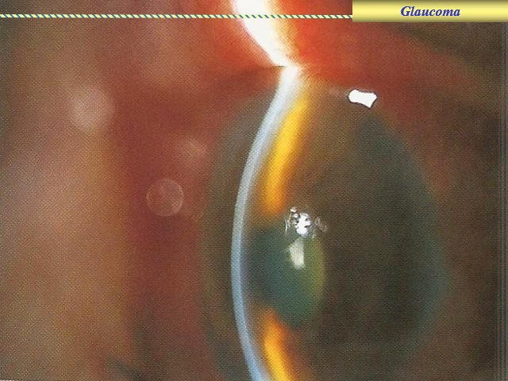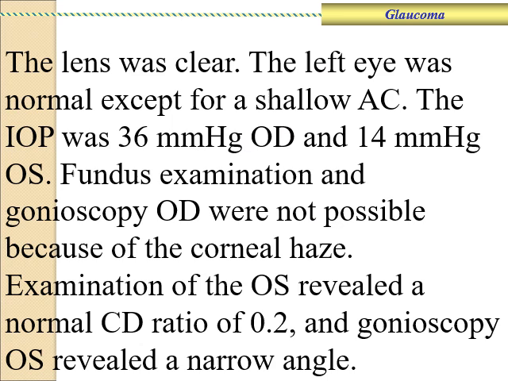The pupil is miotic and the eye is angry. The lens is clear. The left eye was normal except for a shallow anterior chamber. The intraocular pressure was 36 mmHg in the right eye and 14 mmHg in the left eye.